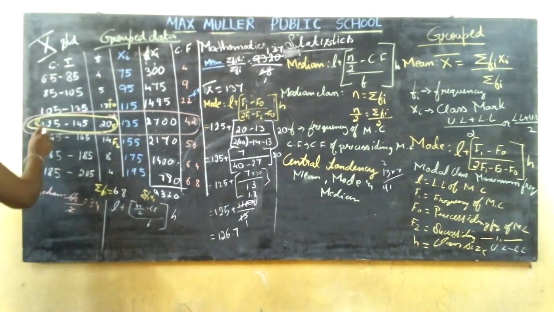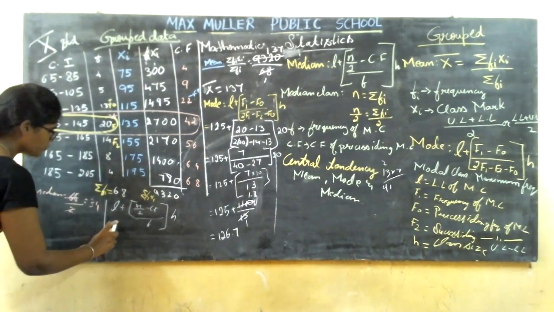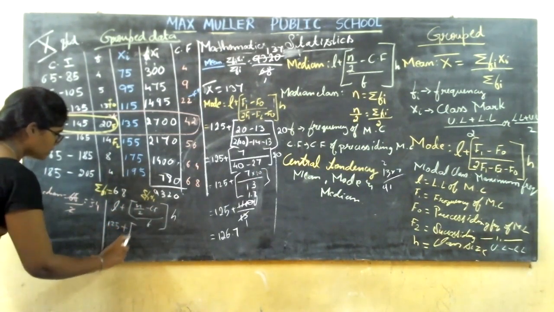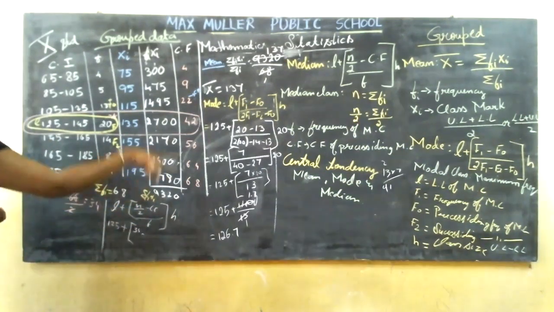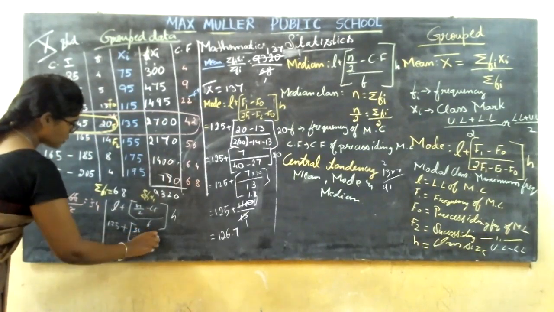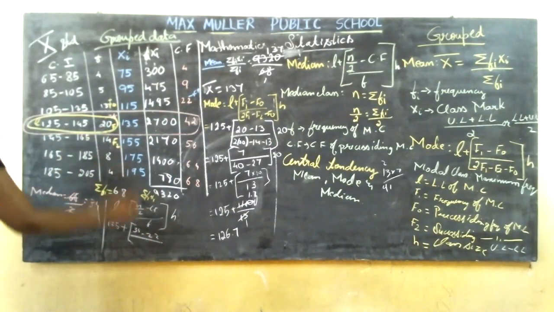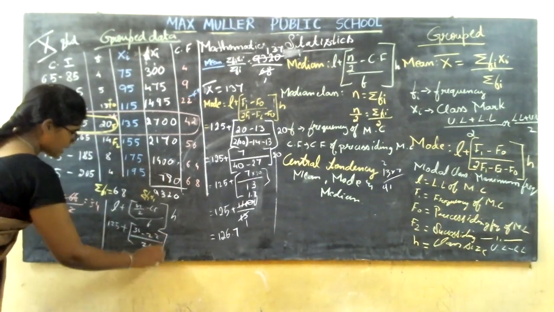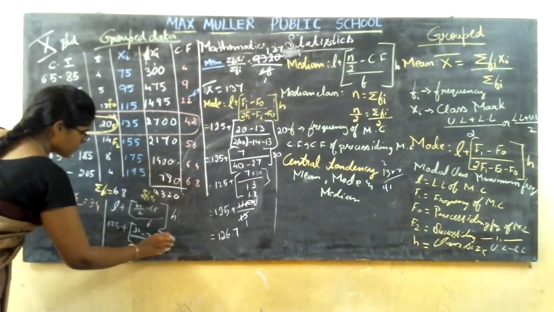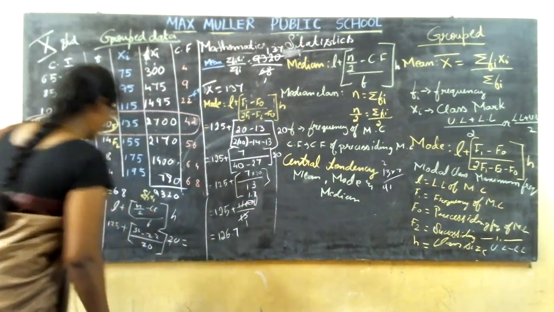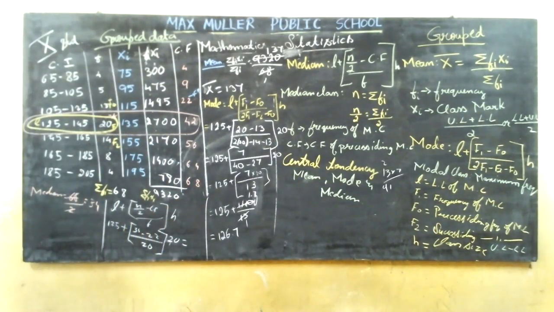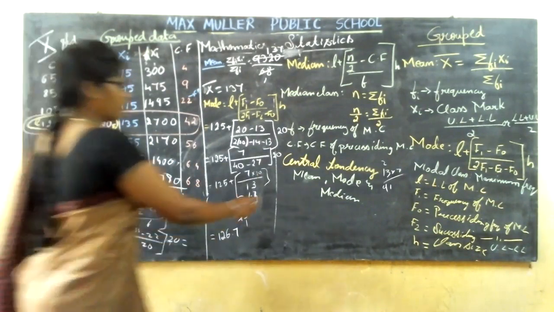Correct. Now what does L you have? 125 plus. What does n by 2 you got? 34. What is the cumulative frequency you have? 22. And what does f you have? 20. Then what does h? 20. Let me do it here.